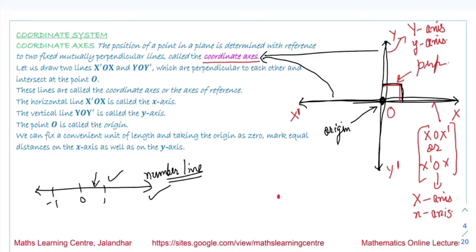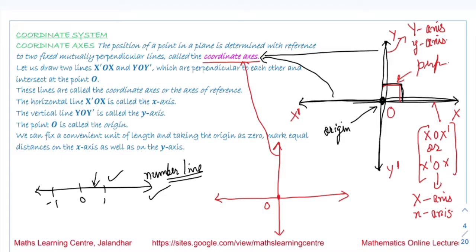First, we have an origin, this point O, which is fixed. We draw two perpendicular lines passing through this origin. These lines are called the coordinate axes. We have two coordinate axes.